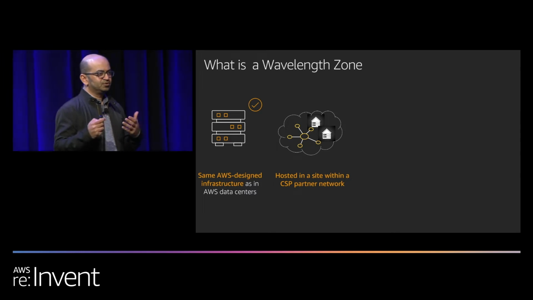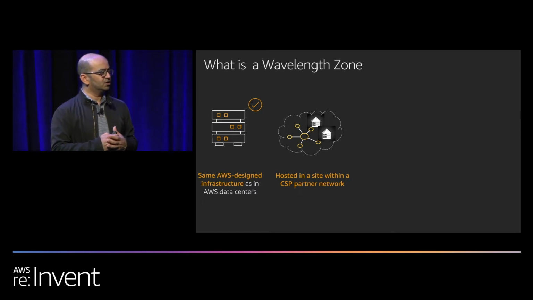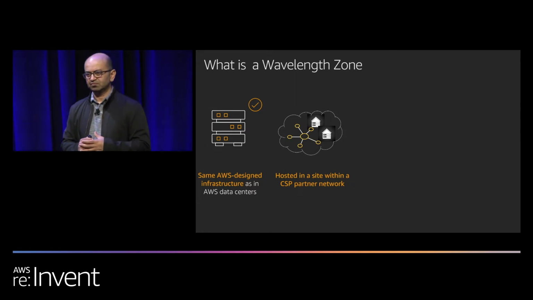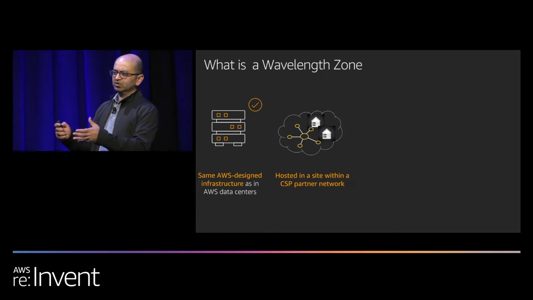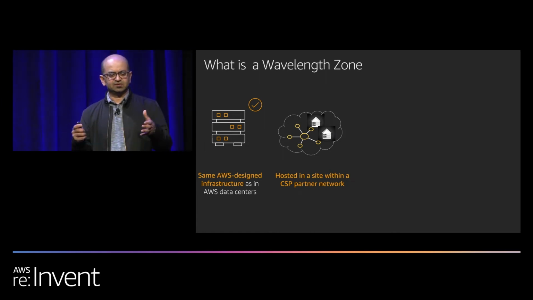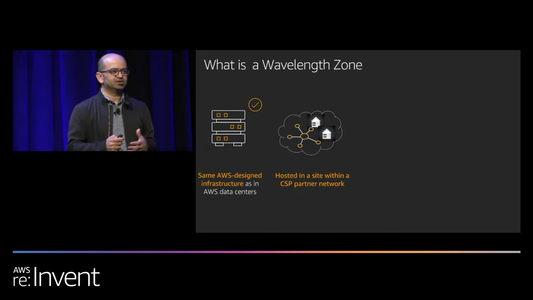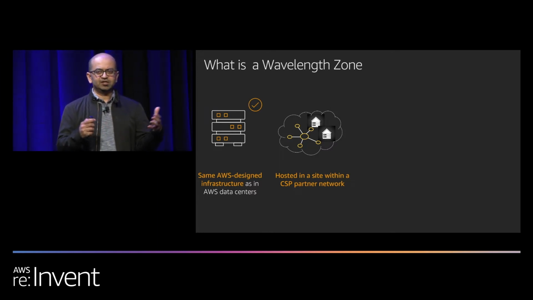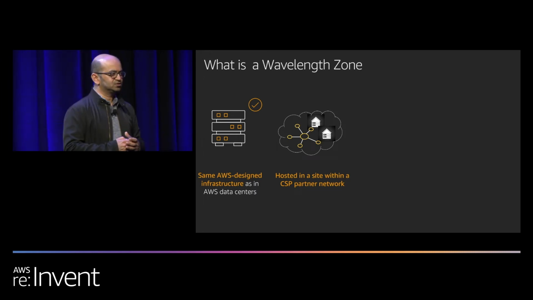And what we're doing in partnership with our telco partners is using these sites to deploy the AWS infrastructure there. Depending on the site, the size of the site, the capacity that's available in these locations varies, but it's essentially hundreds of these sites going up to thousands in the future.